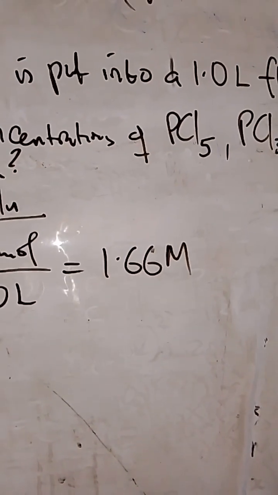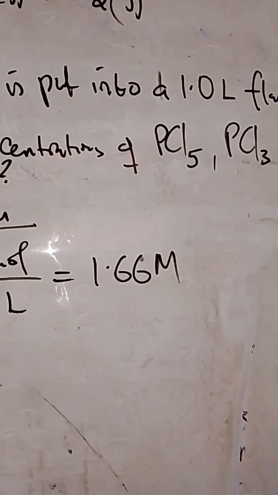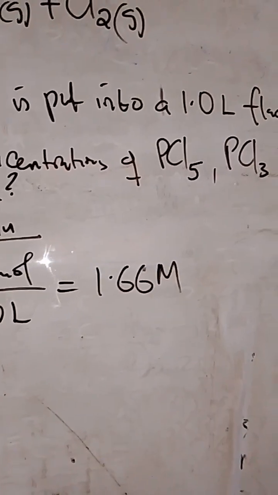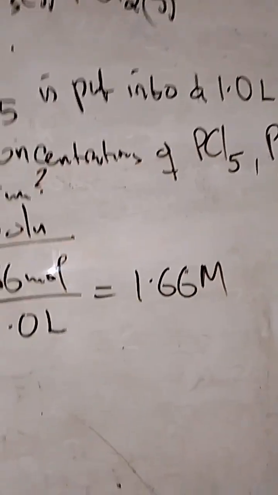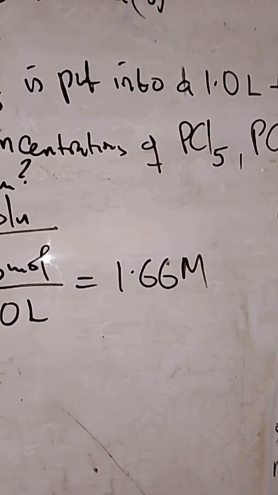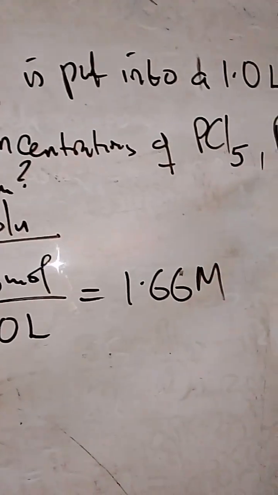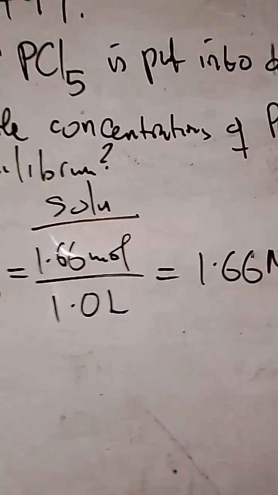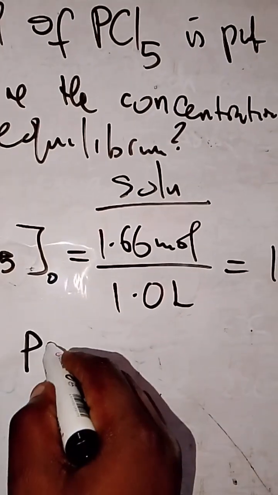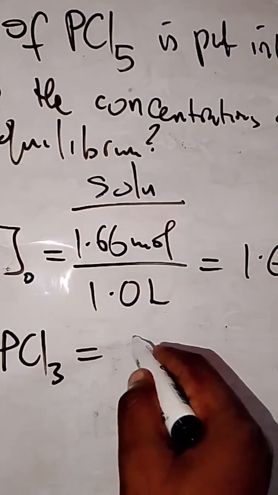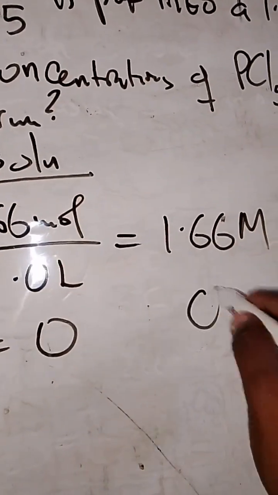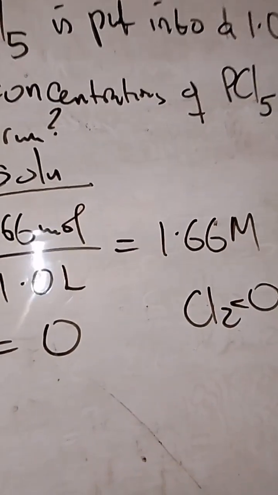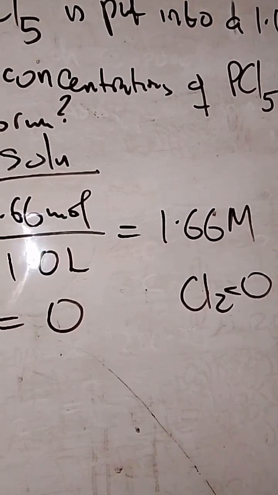That is the initial concentration of PCl5. Then what of PCl3 and chlorine? These are assumed to be 0.